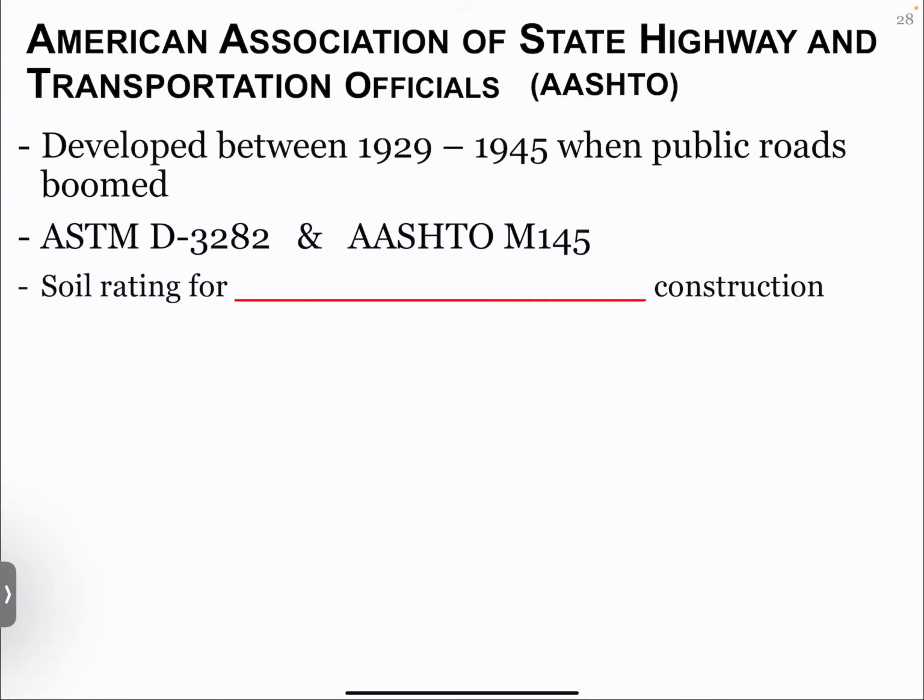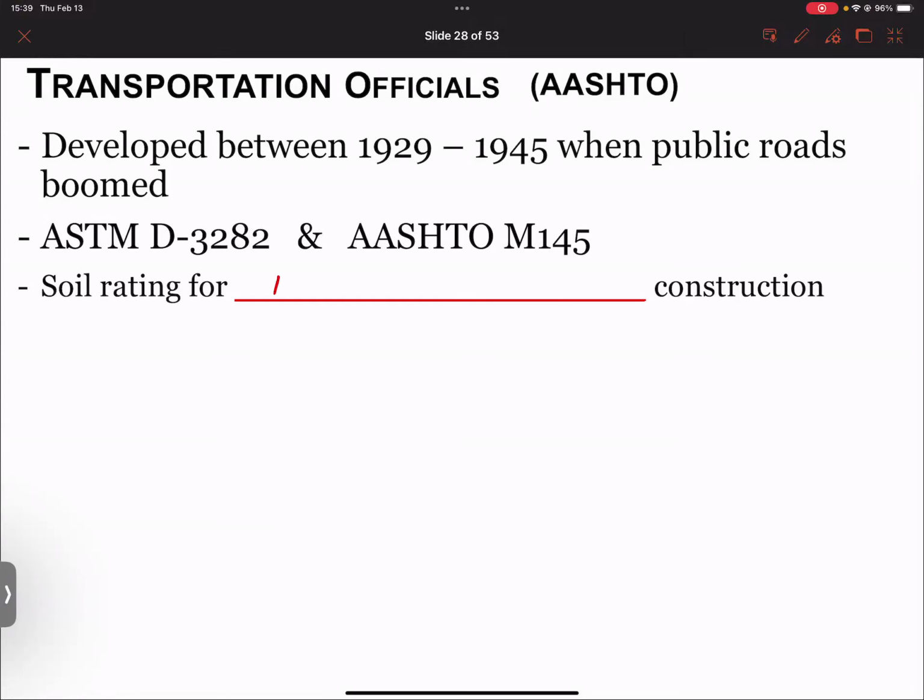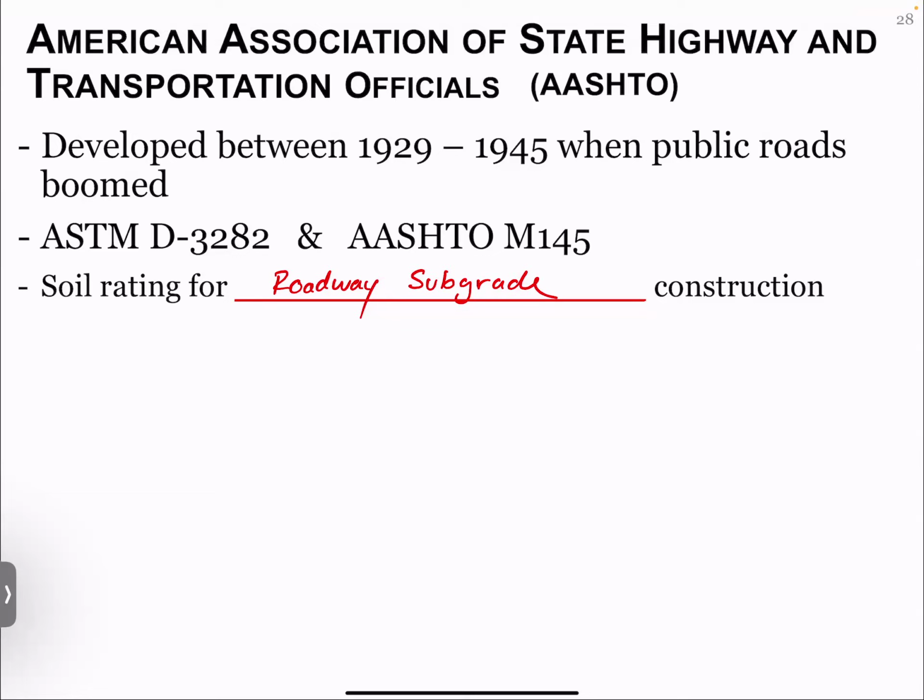So it is a soil rating for roadway subgrade construction. So basically what we're looking at is this AASHTO is a ranking system for the application of roadway construction or the roadway subgrade.